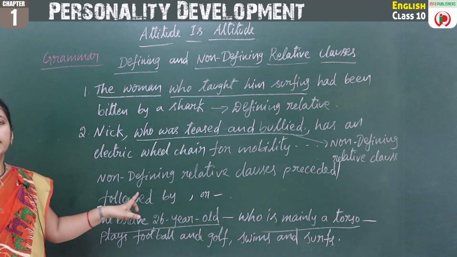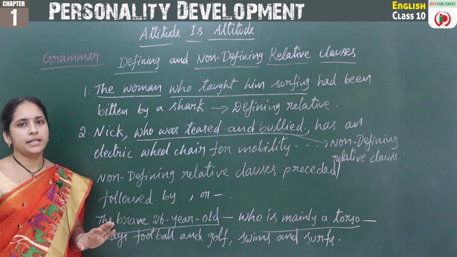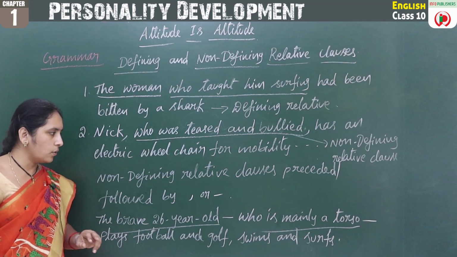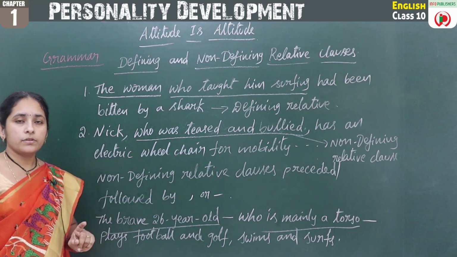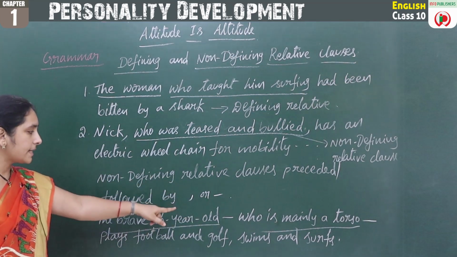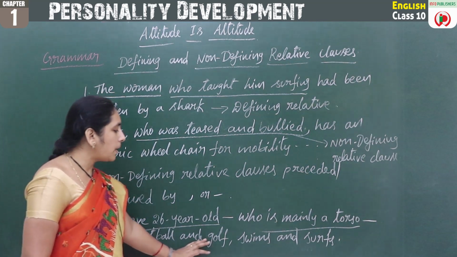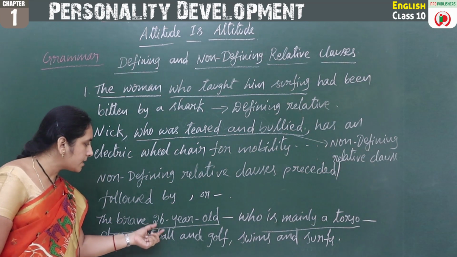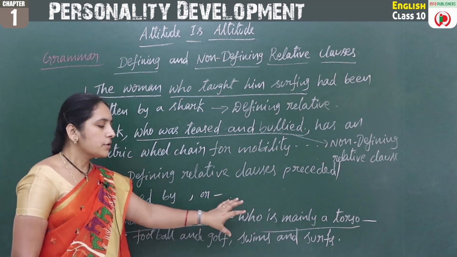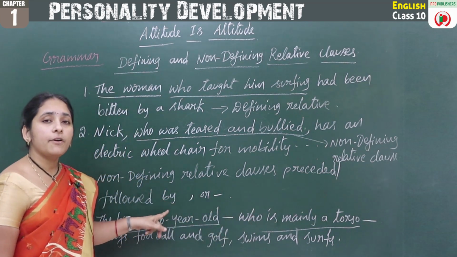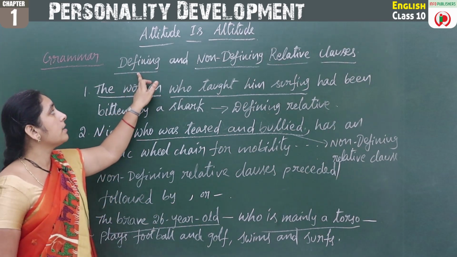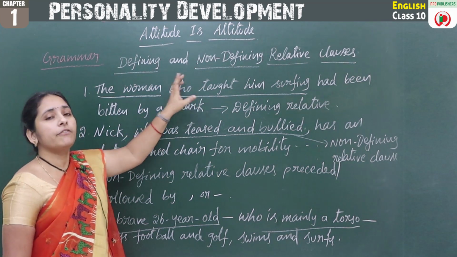Generally when we write age, we should write hyphenated words. So the brave 26-year-old is mainly a torso. The brave 26-year-old plays football and golf, swims and surfs. This is related to this one and this is related to this one. So these two clauses are giving information about the 26-year-old boy. Of course, here also it is giving information.